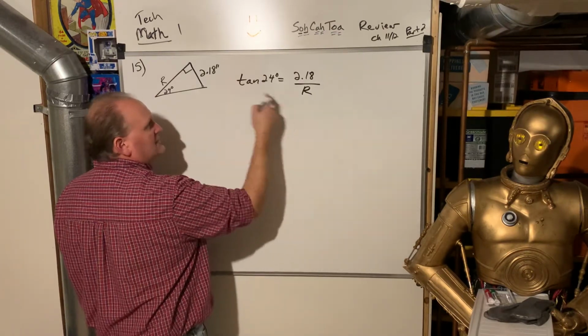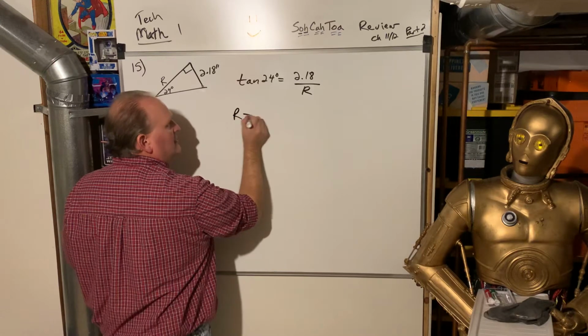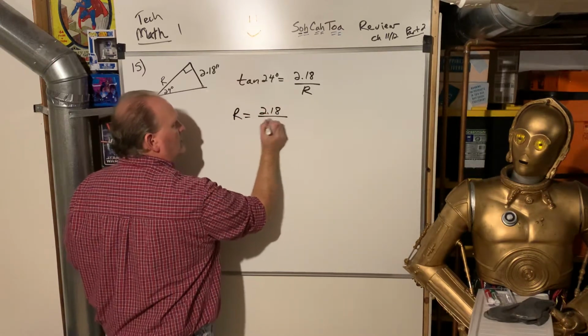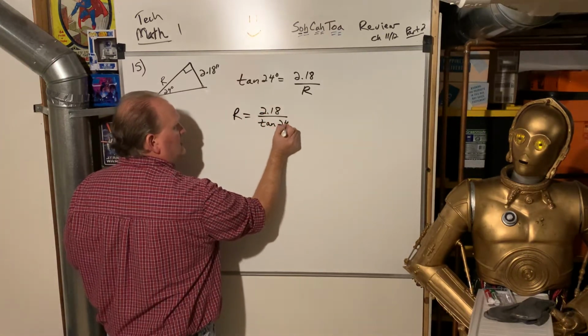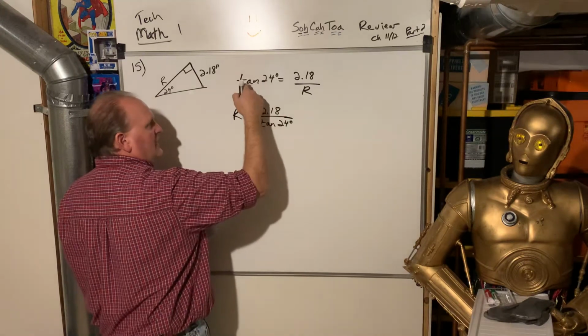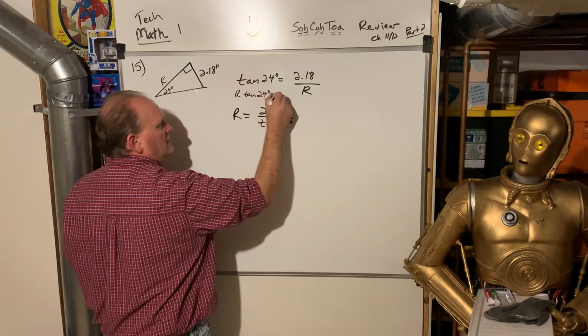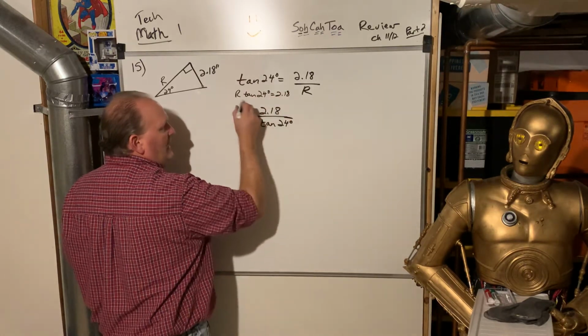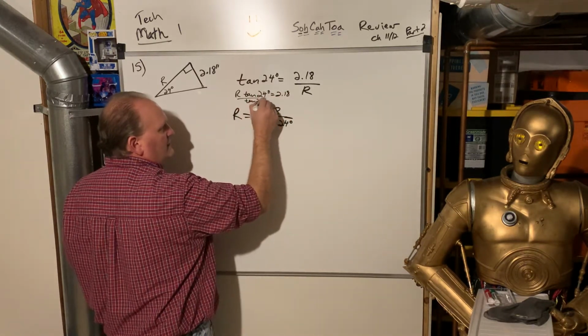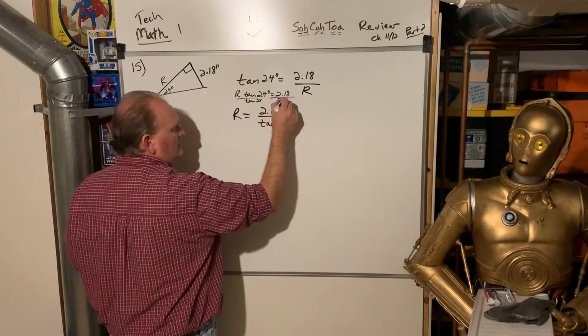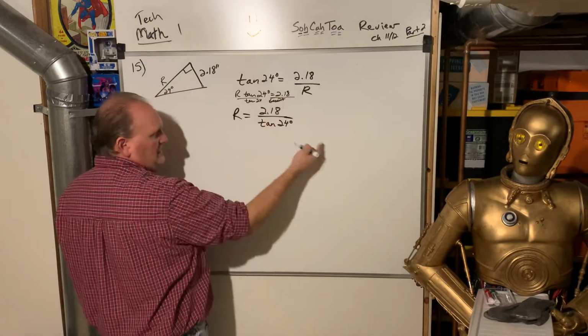So again, when you cross multiply and solve, it ends up where r is equal to 2.18 over the tangent of 24 degrees. Because you cross multiply and then you have this, r times tangent 24 equals 2.18, and then you divide by tangent 24. And that's how we got here.